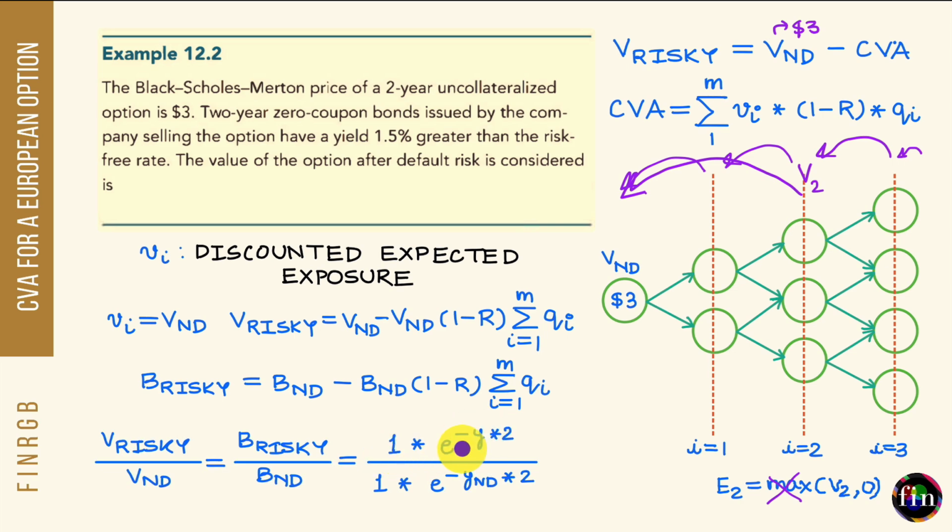Okay, so 1 times e to the power minus y, which is like a risky discount rate or risky yield, times the time, which in this case is 2 years. Then the value of my zero coupon bond without taking into account the default risk of my company would simply be equal to face value, again $1, times a discount factor which works with a risk-free discount rate, a risk-free yield, right?